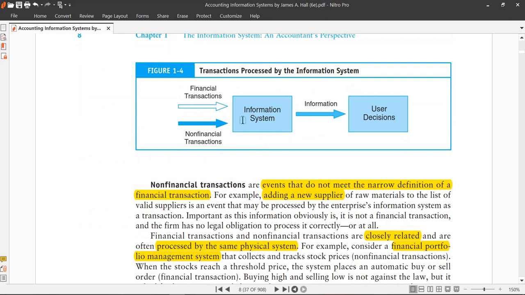So, andito yung concept daw na yung financial transactions, which are processed and collected by AIS, and the non-financial transactions, which are processed and collected by MIS, are integrated to achieve operational efficiency, whereas those processed information will be used by the intended users for them to make decisions.